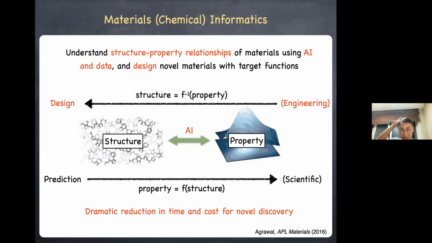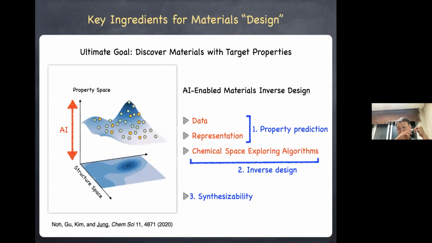Also, as Gian-Marco mentioned, you can go the other way around. In other words, we define the property first, the property that you want to achieve, and try to come up with a structure that would have such a property, and that would be the inverse design. By doing this kind of mapping, forward or inverse, you basically want to dramatically reduce the time and cost for novel discovery.